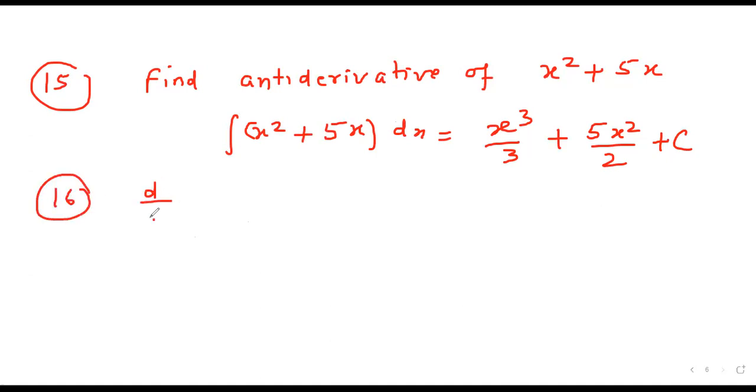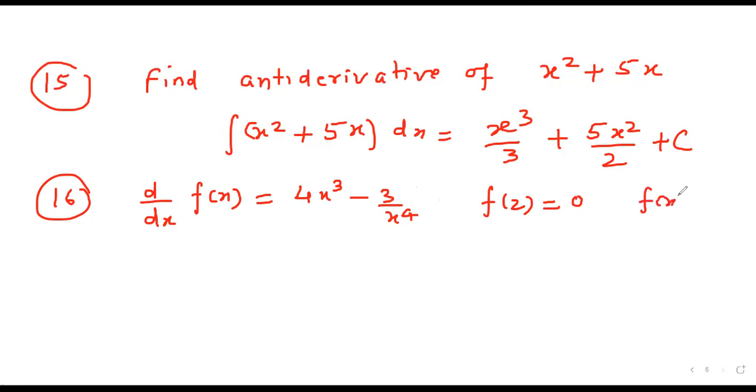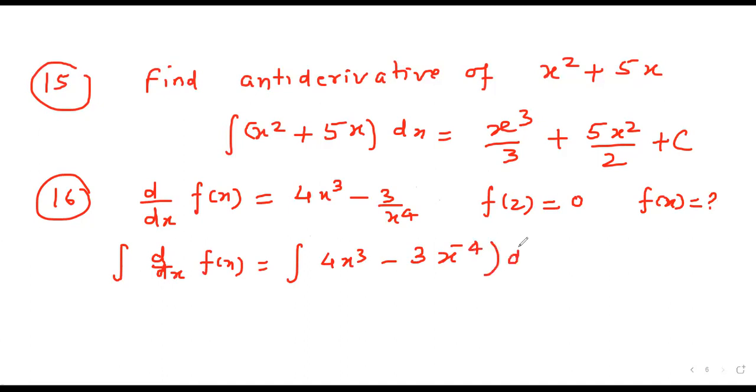It says d upon dx of f(x) is given as 4x cube minus 3 upon x power 4. And also we are given f(2) equal to 0. Then we have to find out f(x). So let's see how. So integration of d upon dx of f(x) equal to integration of 4x cube minus 3x power minus 4 dx.